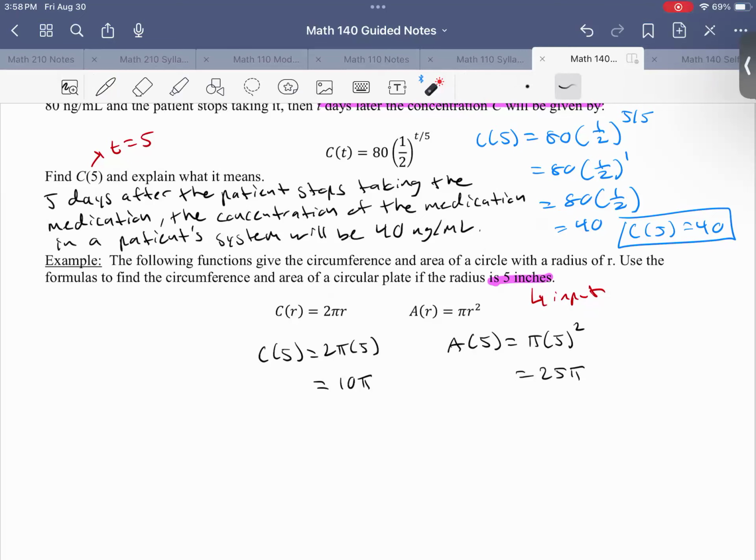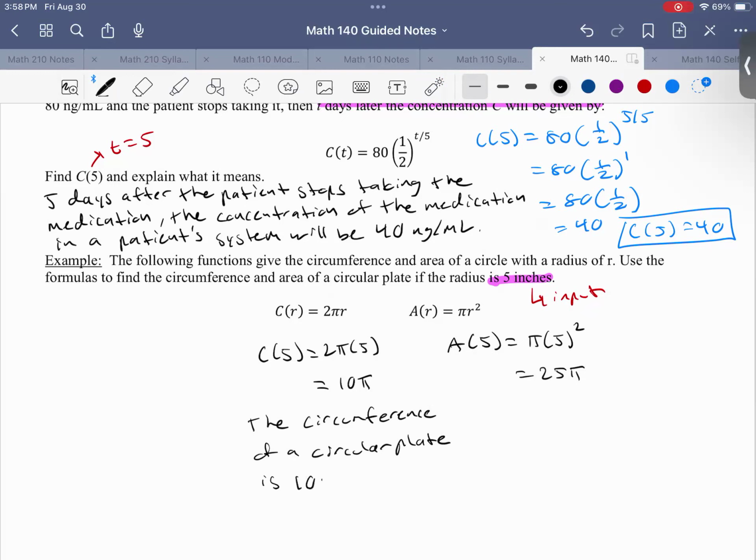Okay, so what this means is that the circumference of a circular plate is 10 pi inches if the radius is 5 inches.